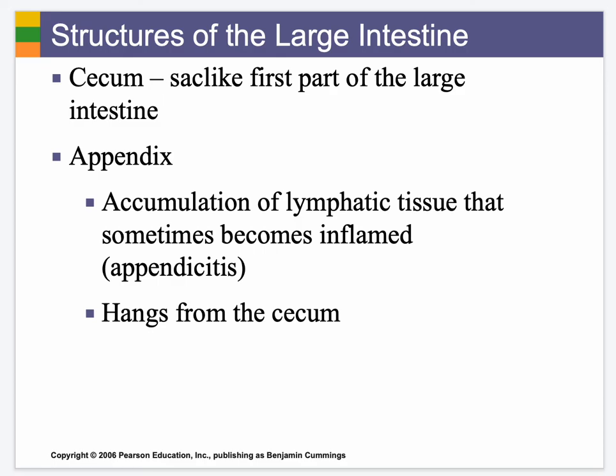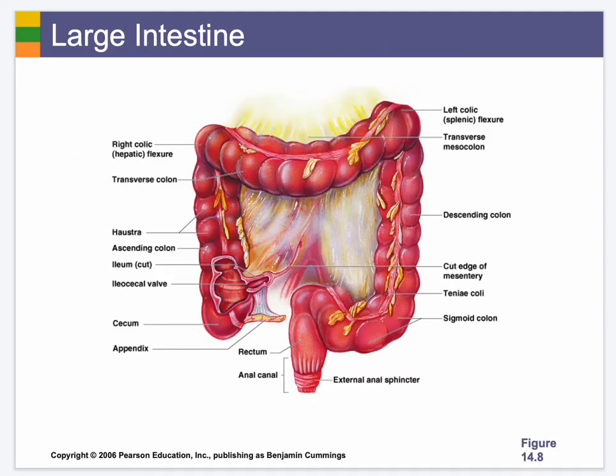So, first, the structures of your large intestine, we have your cecum, no? Ito. So, galing sa ileum ng small intestine, ang first part na patutunguhan niya is cecum. So, itong cecum.